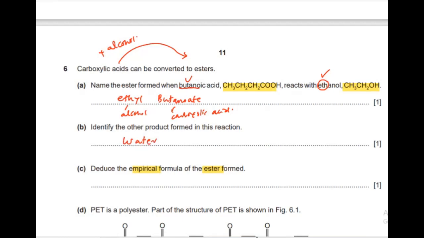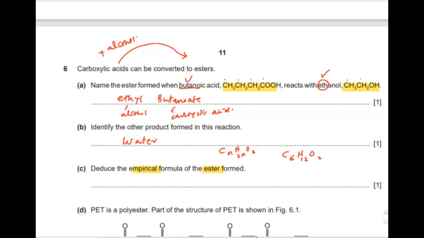Deduce the empirical formula of the ester formed. We just count how many carbon atoms are there: 1, 2, 3, 4, 5, 6. You have 6 carbon, and the general formula for the ester and carboxylic acid is CnH2nO2. If you have 6 carbon, hydrogen must be 12 and oxygen is 2.